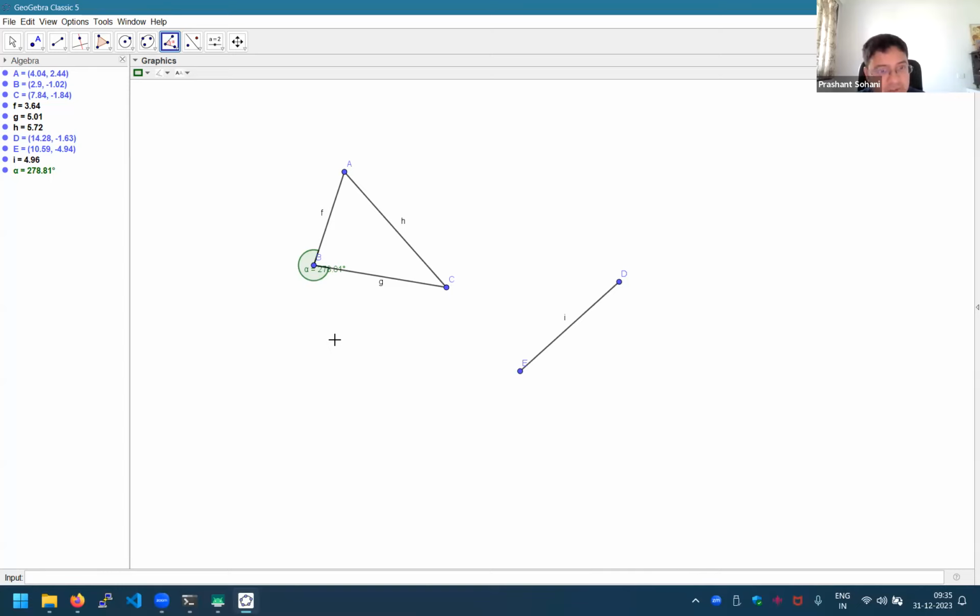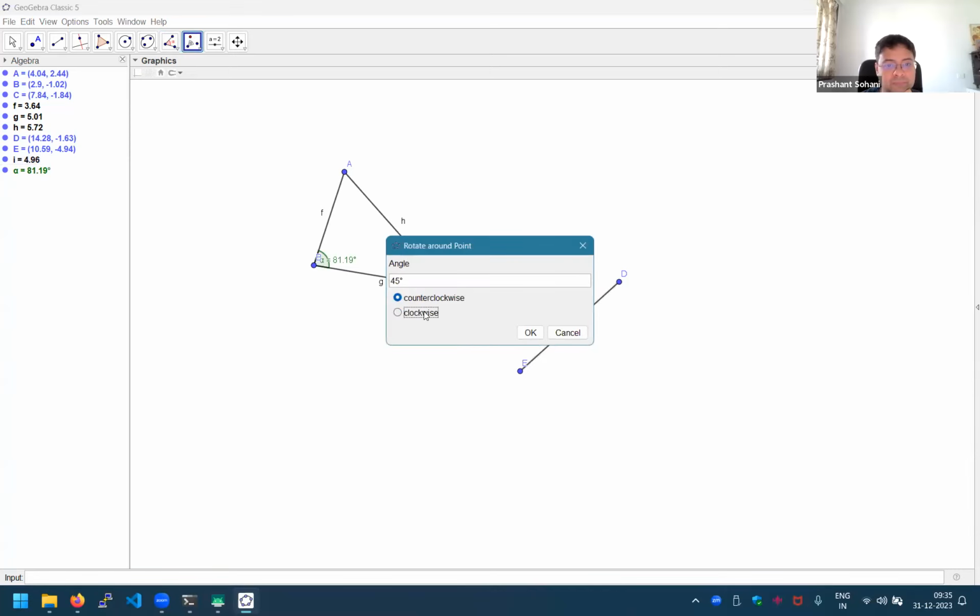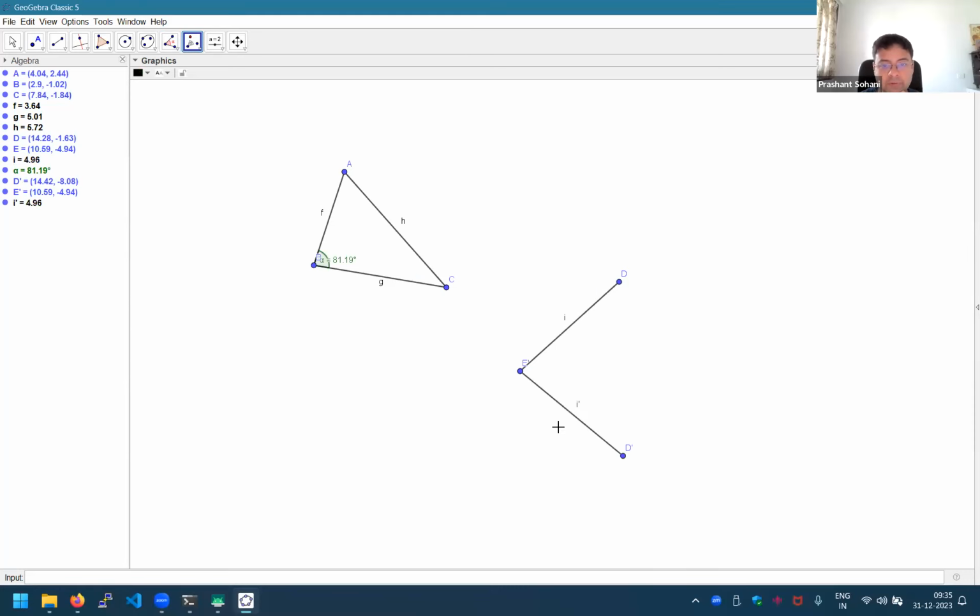By the way, GeoGebra has a habit of always taking the positive angle, so I have to mark this. I'll copy this angle alpha over here. Okay. And I'll copy the angle beta from here.